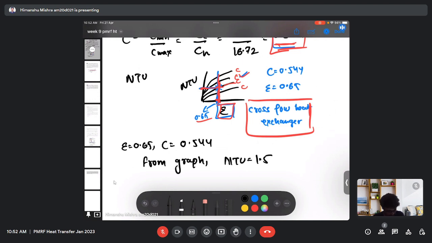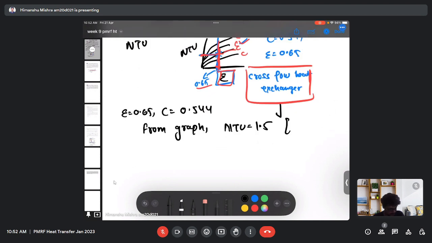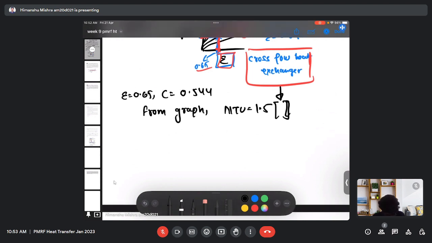This is my NTU for the cross flow heat exchanger. Now I can use the NTU relation, which is the overall heat transfer coefficient times the surface area divided by the minimum heat capacity. So I can find my surface area.